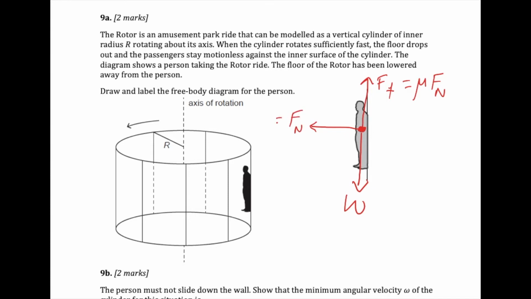This force will end up providing the centripetal force, because this is a horizontal circle that the man is moving on. The force that acts towards the center of that circle, which is the reaction force from the wall, is the centripetal force. The reason why there is normal force pushing the man in towards the center is due to the man's inertia.